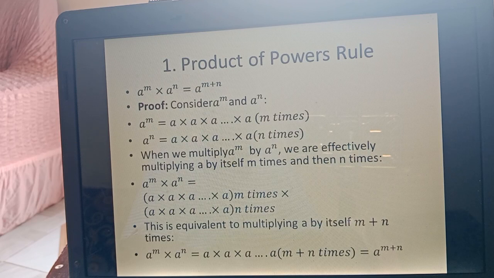Like this 2 squared times 2 squared is like multiplying 2 by itself 2 plus 2 times, which is 4 times. So a raised to m times a raised to n is equal to a multiplied m plus n times. Quite easily done.